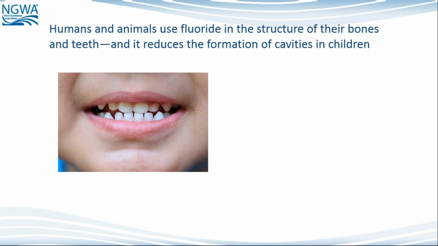As the dental profession came through years ago, the presence of fluoride in our body has a tendency to reduce the formation of bacterially induced cavities in children specifically. So a benefit is certainly the avoidance of bacterially based cavities in our teeth, and some other structures may be non-beneficial to us.